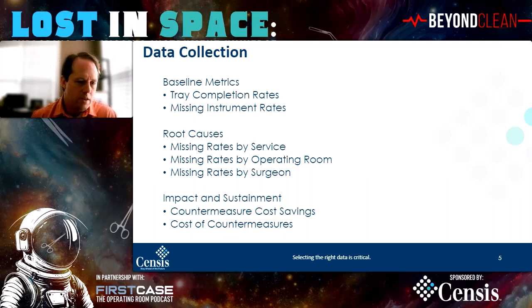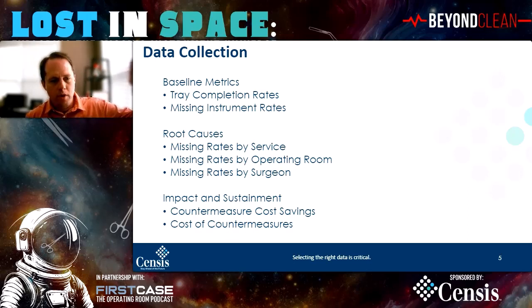So to get to root causes, what we want to do is look at instruments that are reported as missing during that assembly step, and walk back to which operating room they were most recently used in, which surgeon was in that room, who was the scrub tech in that room. And it's not always going to be the case that the OR room was responsible for any one instrument going missing.